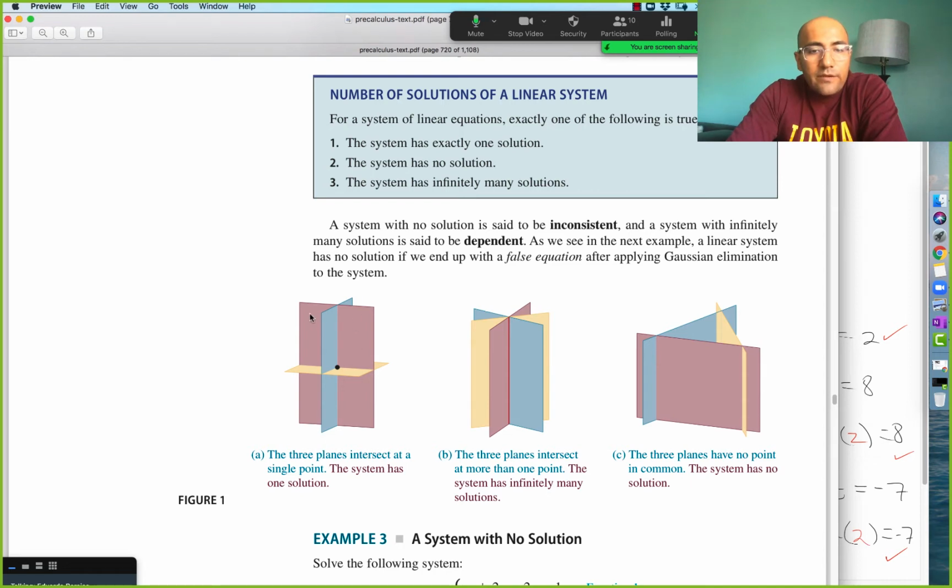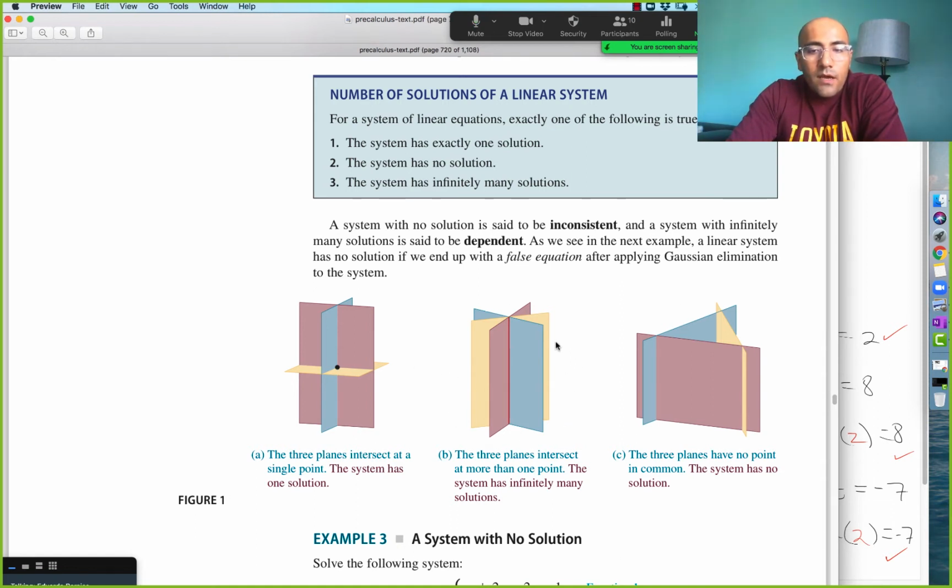The pink one here is a linear equation in 3 dimensions, the blue one and the yellow one. So here's an example of 3 different equations in 3 variables. When we graph them, there is one single dot, right? One single point that will be a triple pair. One single point that solves all 3 equations. One point that is on all 3 planes.